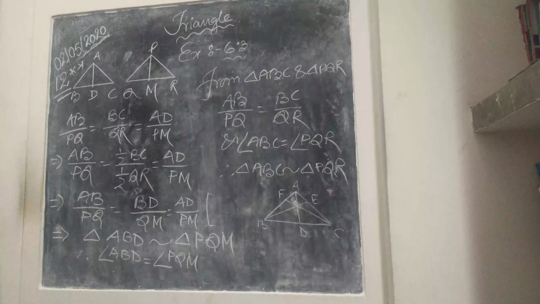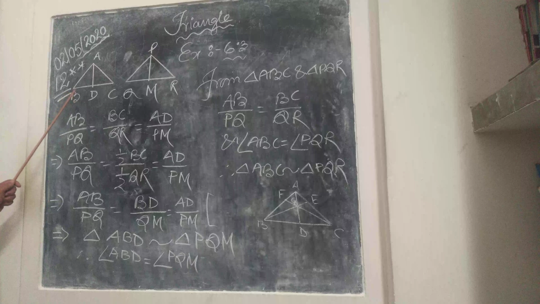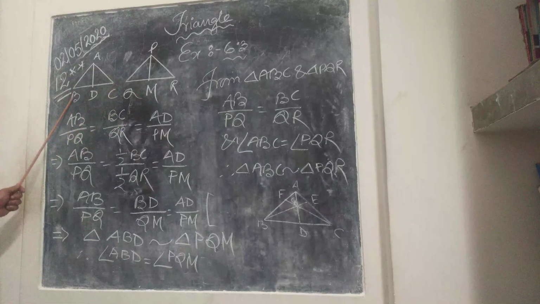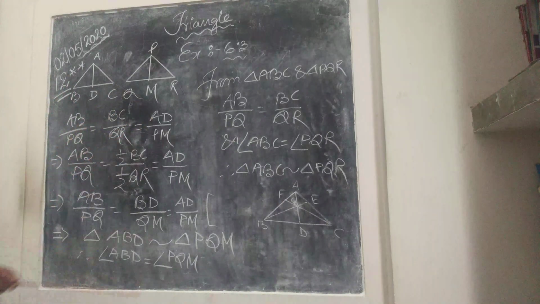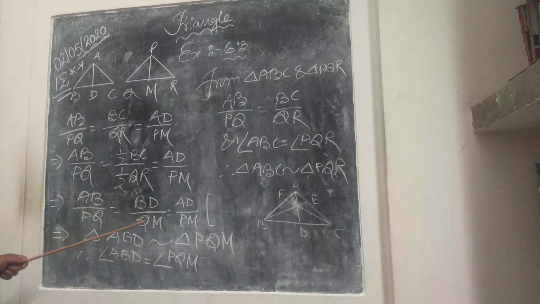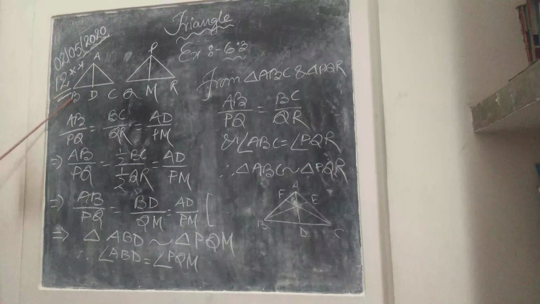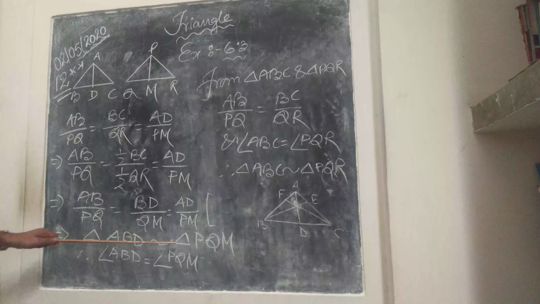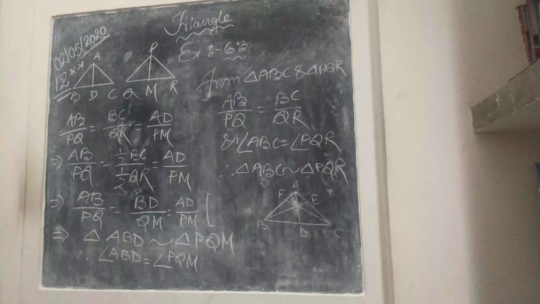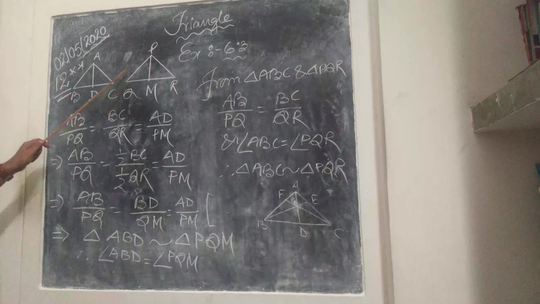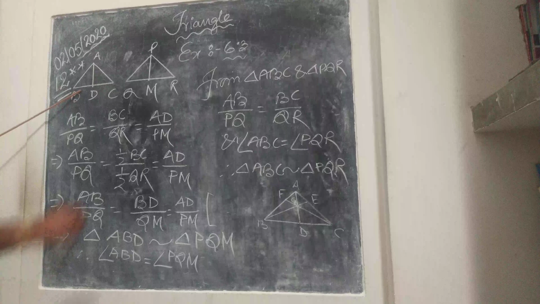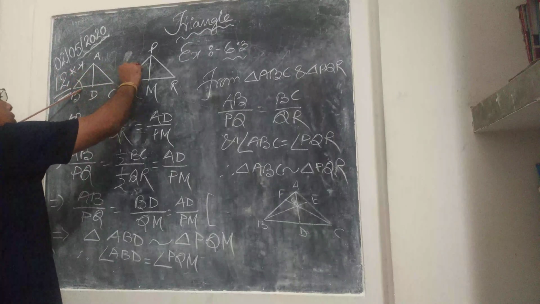then what did you get? AB by PQ equals BD by QM equals AD by PM. That means triangle ABD is similar to triangle PQM. And if these two triangles are similar, then this angle will be equal to this angle.